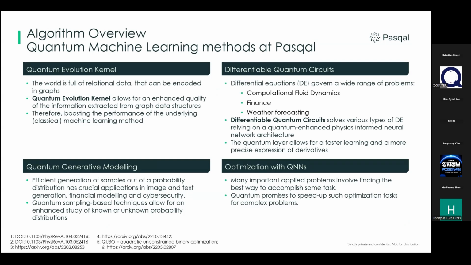So in today's session, we were focusing on the quantum evolution kernel: how to extract efficiently information from graph-based data that you can then use with conventional machine learning processing tools to enhance the overall performance. But that's not the only way to move forward with neutral atom systems.